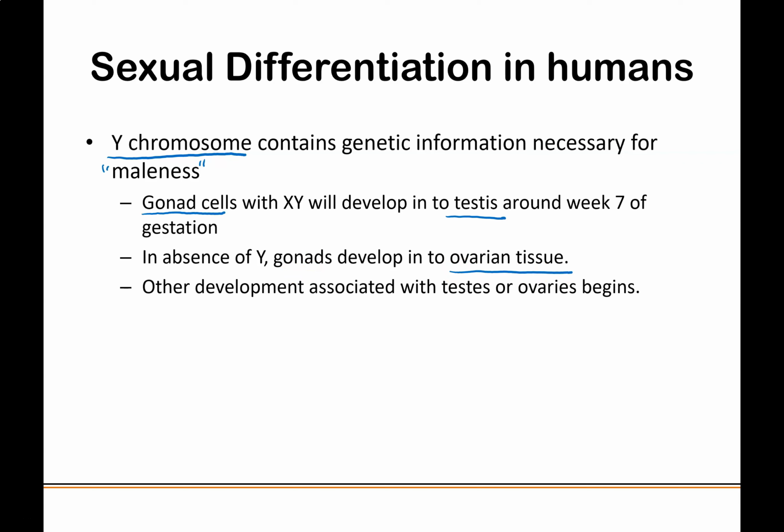So if those genes are not there to direct the development of the testes, the individual is going to develop ovary tissue. And then after the gonads pick their track based on XY or XX, you get the development of other tissues associated with the testes and the ovaries. So you start to get the sex organs developed and things like that.